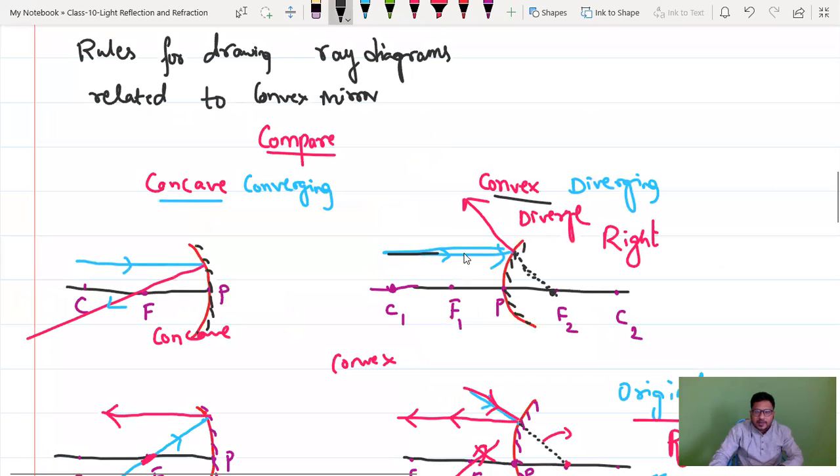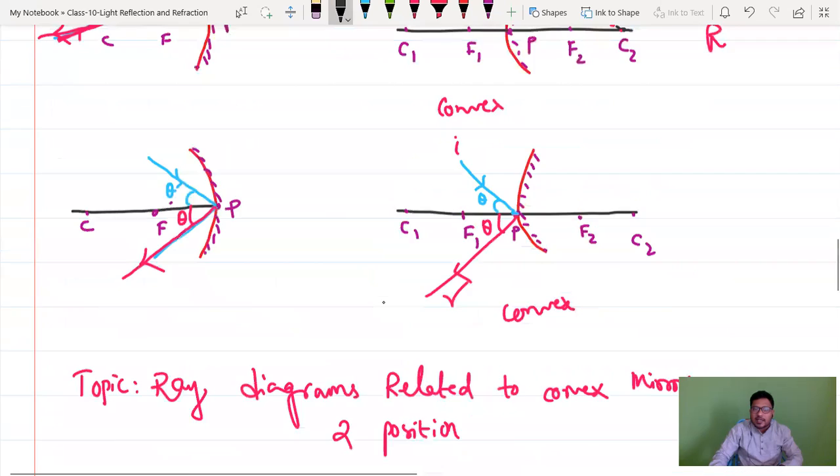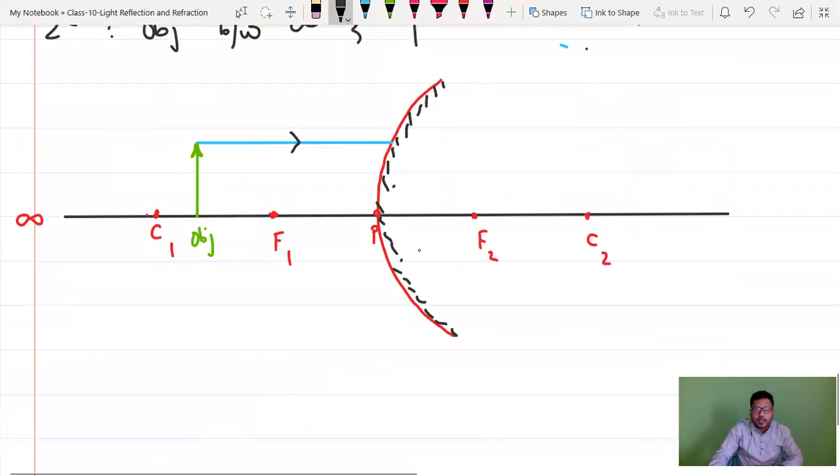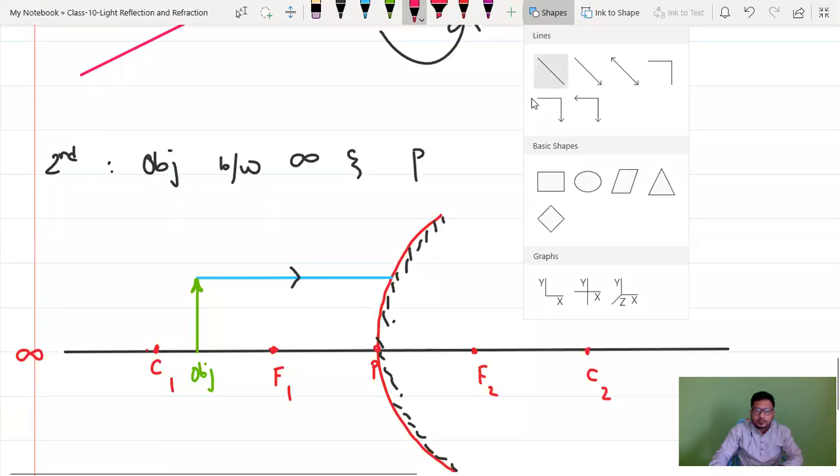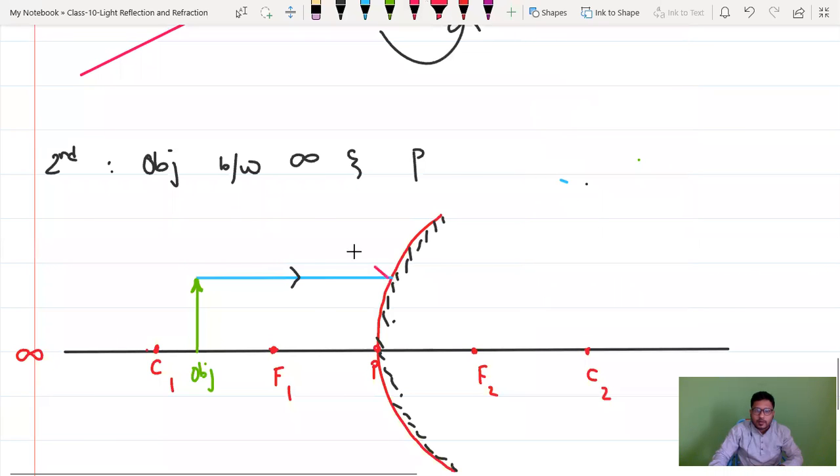If it is passing parallel to principal axis, it will diverge and imaginary will meet focus. Okay, let it diverge from here. Like this, it is diverging. And if you draw imaginary line, definitely it will meet focus like that.